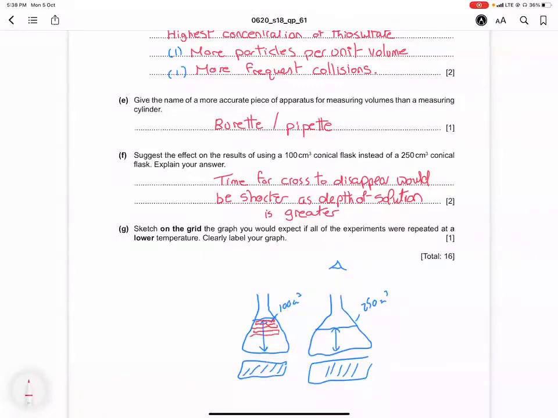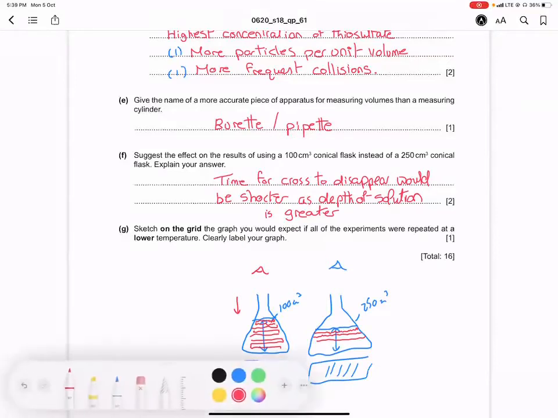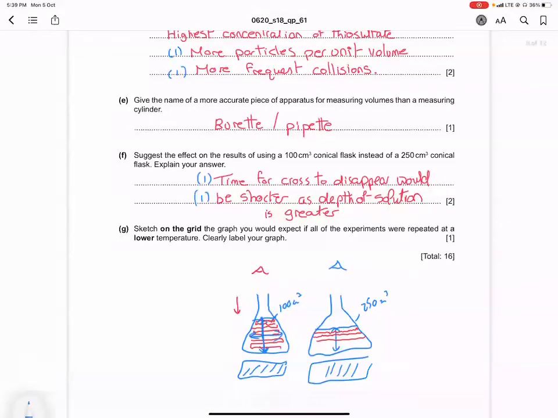It doesn't have a large surface area to build up across because the depth of the solution is higher here. Since sulfur will build up faster in the 100 centimeter cubed flask than in the 250, which has a large surface area to cover, the time needed in the 100 centimeter cubed experiment will be lower. The time for the cross to disappear would be shorter when you use the 100 centimeter cubed conical flask, because the depth of the solution is greater. As the depth increases, the surface area is smaller.